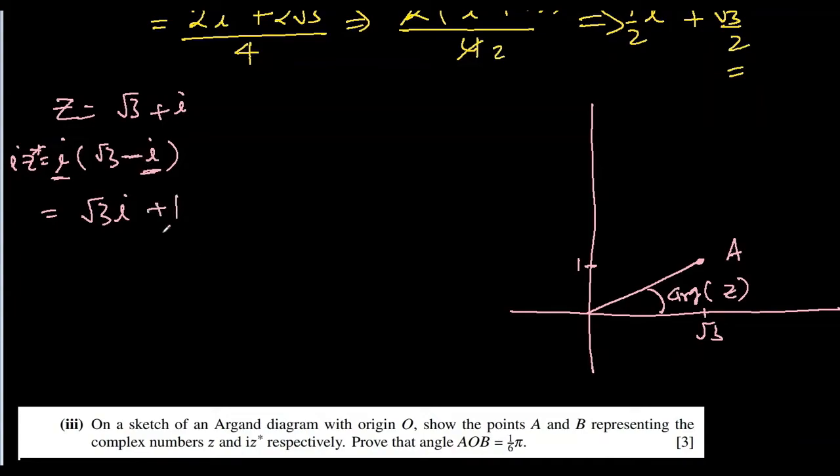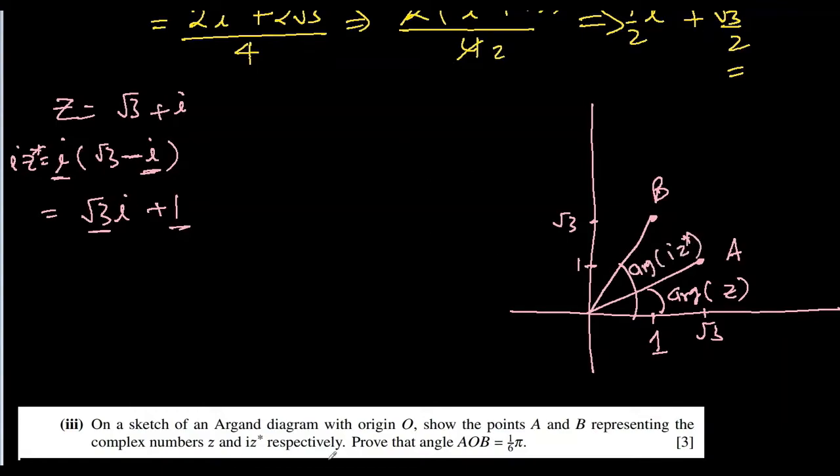So the real part is 1, the imaginary part is square root 3. So let's say this is 1, and this is square root 3 somewhere here, the imaginary part. So it will be here, B. And from here till here is the argument of iz star.